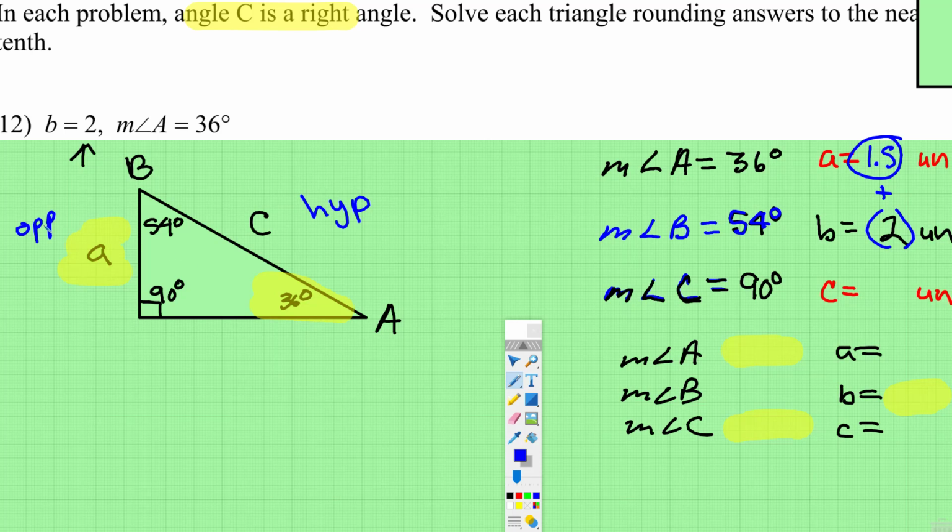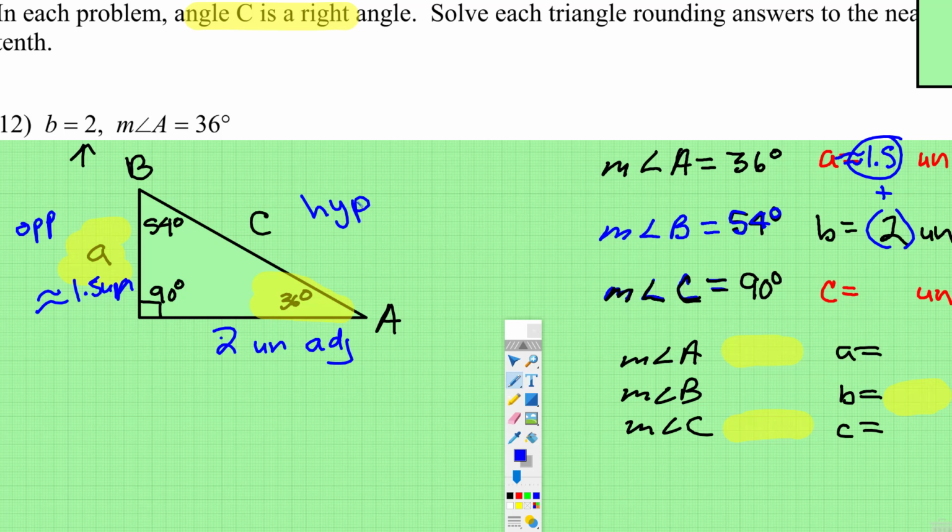We found side B is 2 units, and now we know that this is about 1.5 units. So I'm going to choose to use the information that they give us, because that will give us a more reliable answer. 1.5, remember, is a rounded answer, so that won't be as precise. And this side is adjacent.